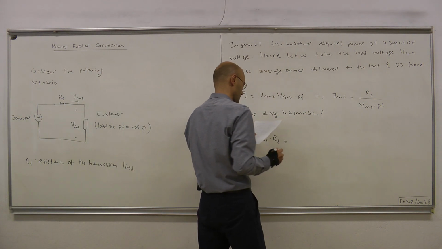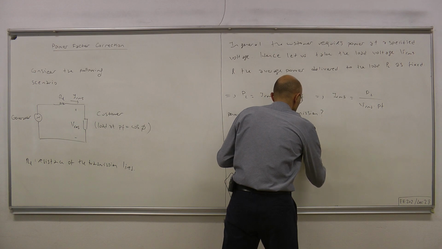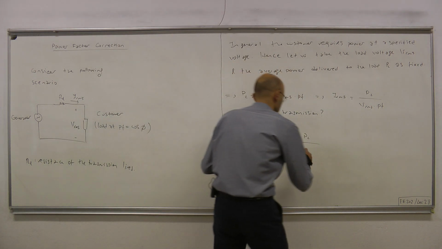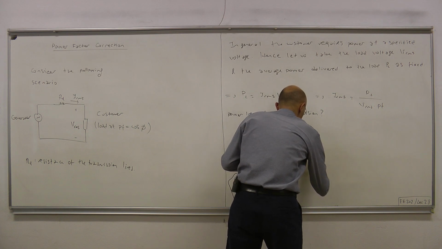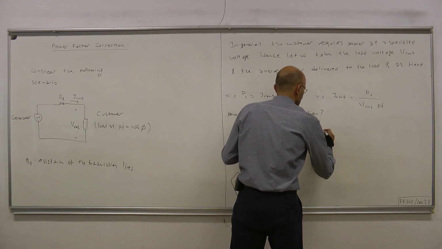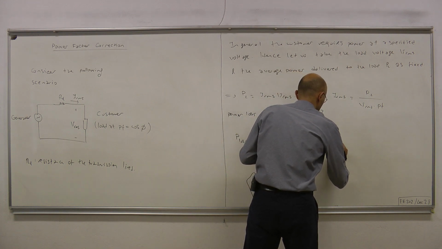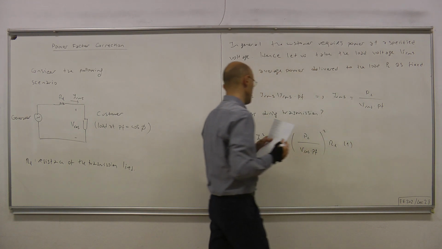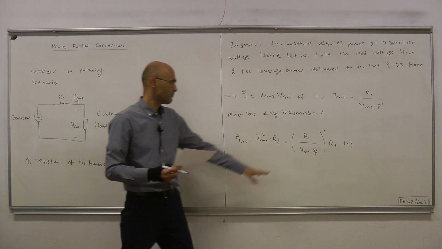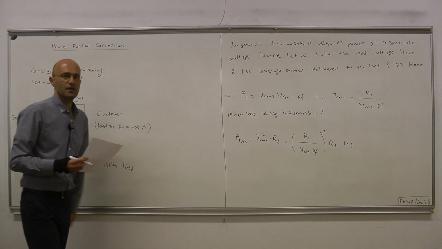And that, in terms of the load power and the power factor, reads PL over VRMS times PF, squared, times RL. Let's call this equation 1. So power loss during transmission equals this expression.